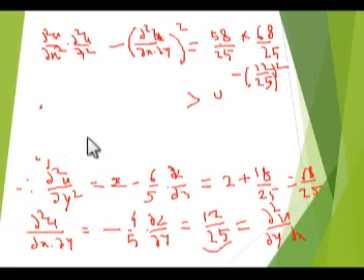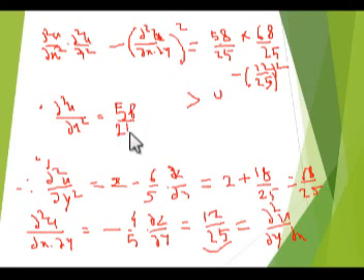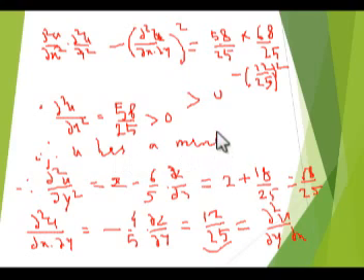And also del square u by del x square, we have found, is 58 by 25, so this is also greater than 0. So we have a minimum at the point we have found of the function u.